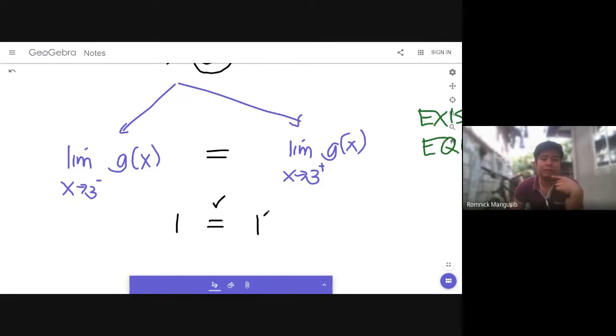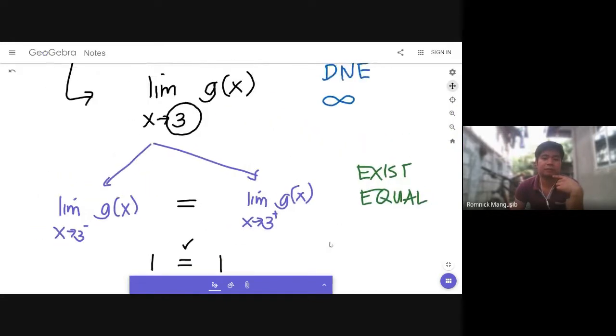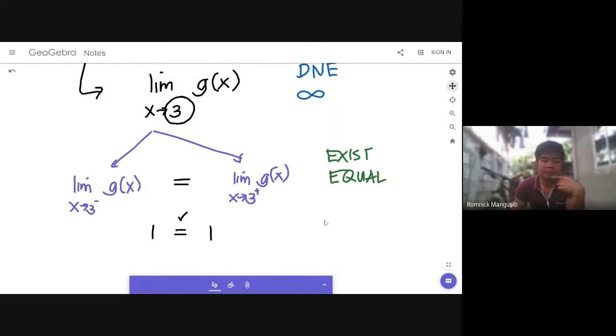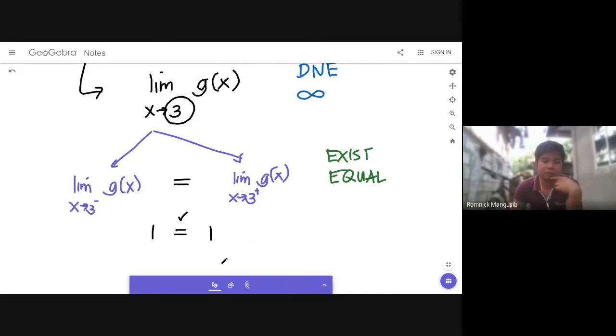Therefore, class, ang pwede na nating i-conclude dito is we can now say that because we prove that the limit from the left and the limit from the right both exist and equal, then the two-sided limit is also equal to 1. Maggagayahan lang sila. Dahil ito 1 and that's real, 1 that's real, they are equal, then the two-sided limit should also be 1 and they are the same.